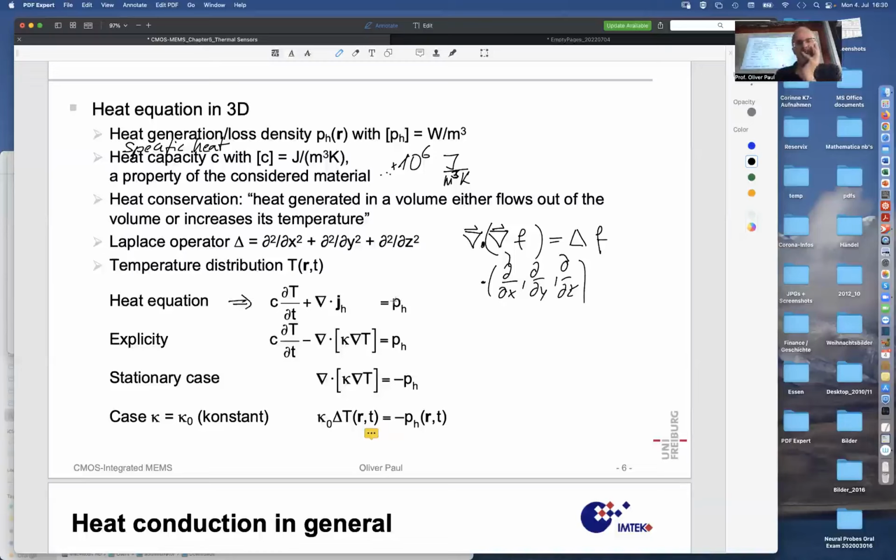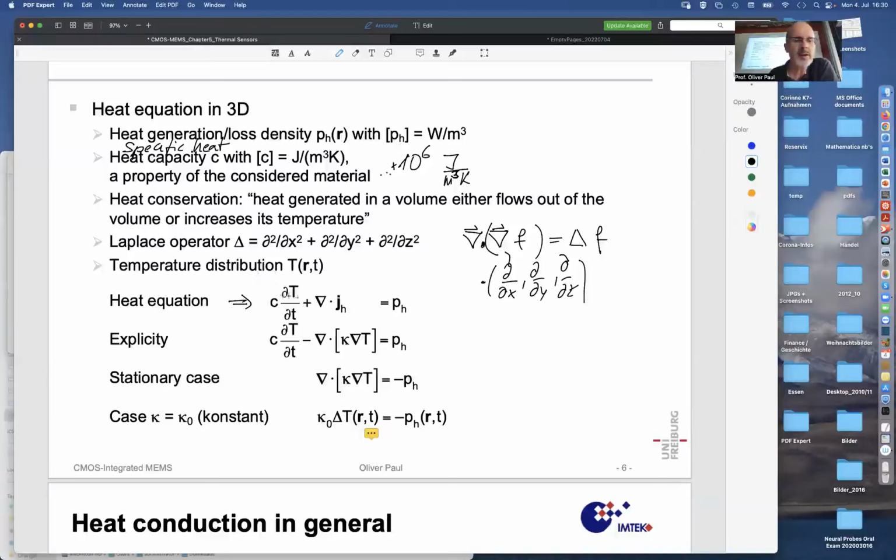It says that the heat generated per volume, the watt generated, the joule per second, the power generated per cubic meter, is equal to what is kept locally in terms of an increase of temperature, because increasing the temperature of an object needs some energy, and that energy is quantified by the change of temperature.